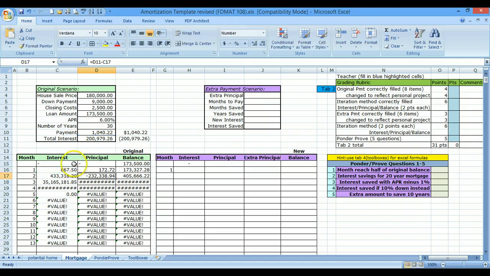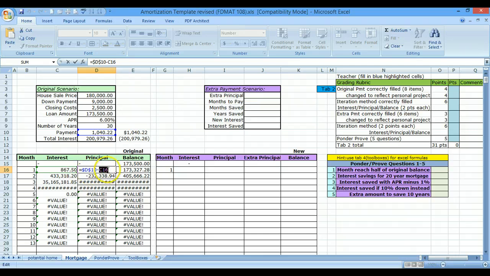Now I didn't absolute cell reference the balance, which is good. I need it to change. I want it to go down every single time as I'm subtracting the principal. So don't absolute cell reference your balance. And over here, I also want this to change because I'm going to be paying less towards interest and more towards the principal.